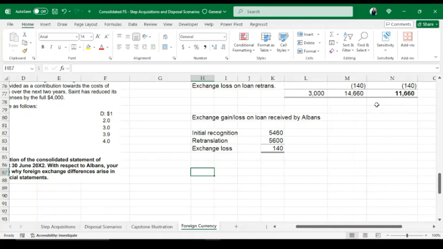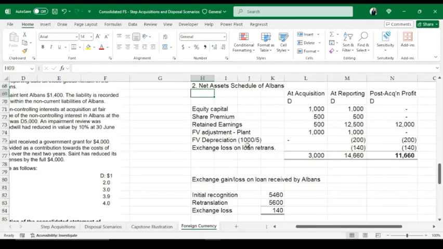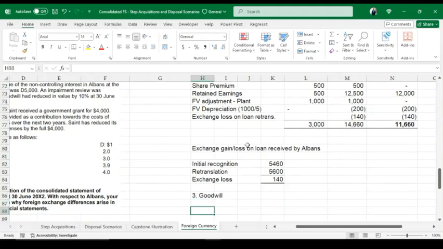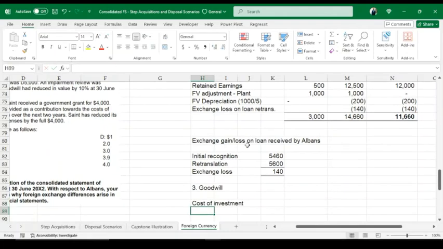So let's continue to the third working, which is working 3, and that is our goodwill. So we have goodwill. And with goodwill, we know that we are going to start with the cost of investment or the purchase consideration, as other books may put it. Then you are going to have the fair value of NCI at acquisition date.